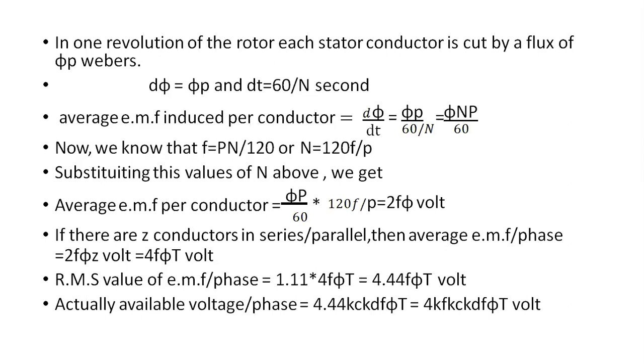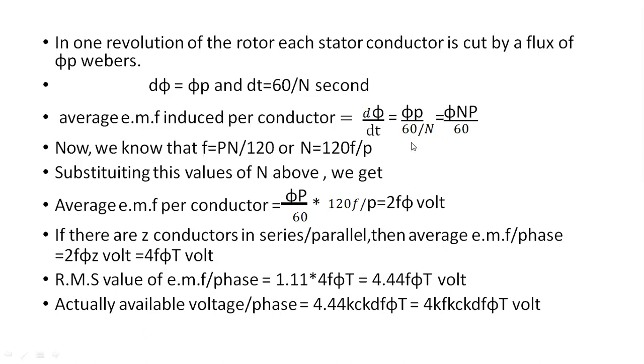If we have N rotations in 60 seconds, then one rotation takes 60 by N seconds. So the average EMF induced per conductor is dphi by dt, that is phi P by (60 by N), which becomes phi N P by 60.